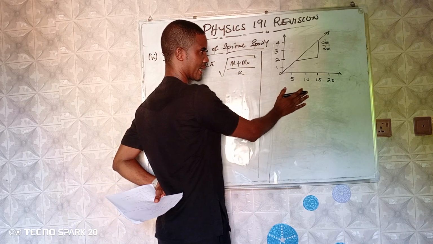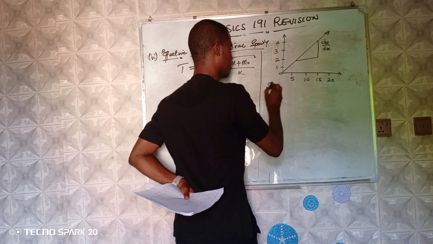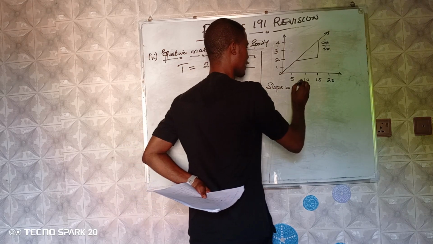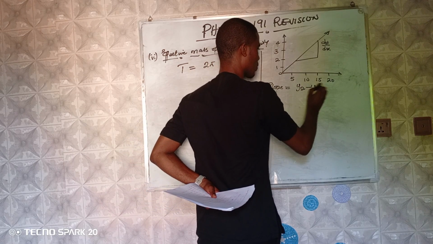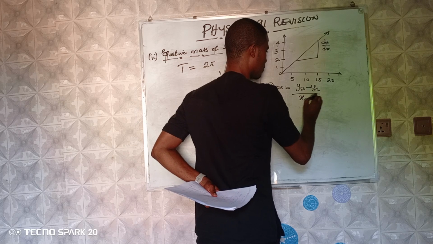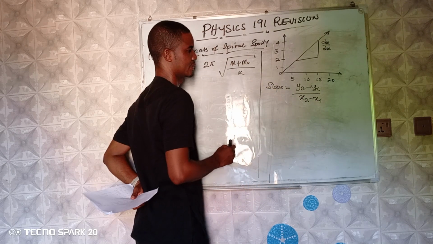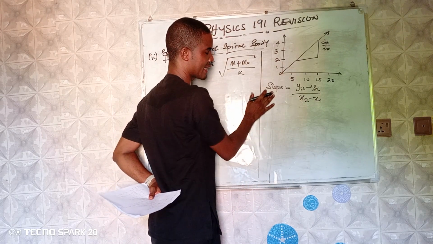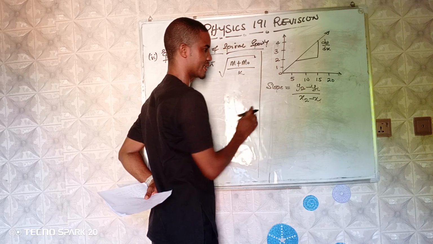Okay, let's assume things like this now. I want to get my slope, which is y2 minus y1 over x2 minus x1. Now, this is positive slope. That means the answer I'm going to get from this slope is supposed to be positive.